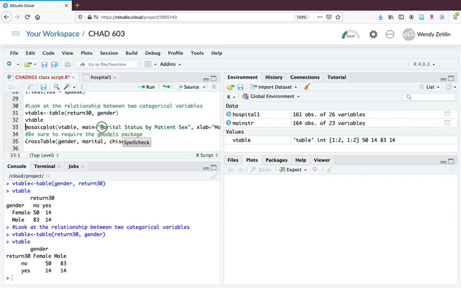So we will put in patient sex by readmission. Now it's very interesting because, like I said, for the table, the return30 is in the rows and gender is in the columns.